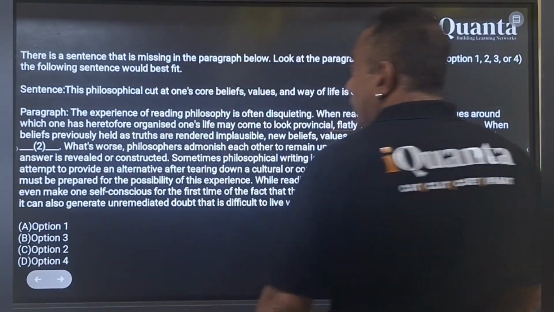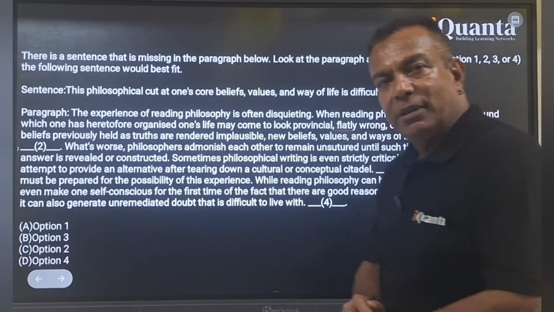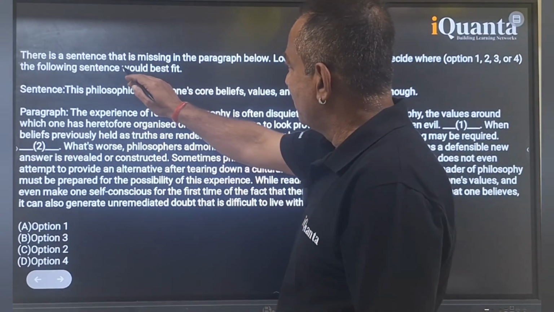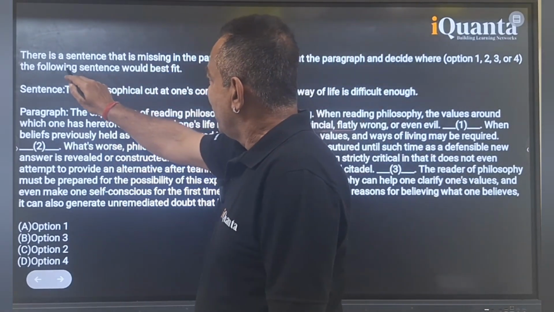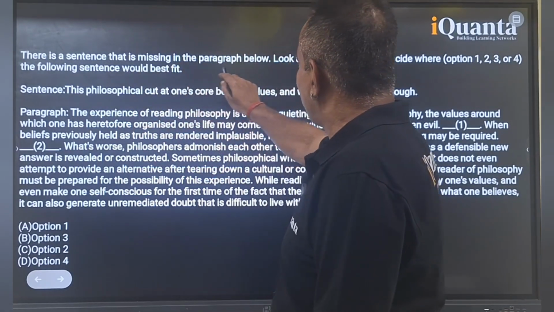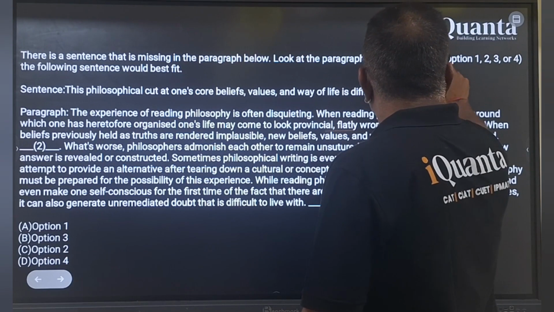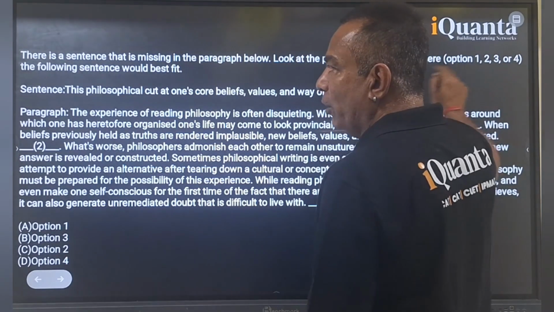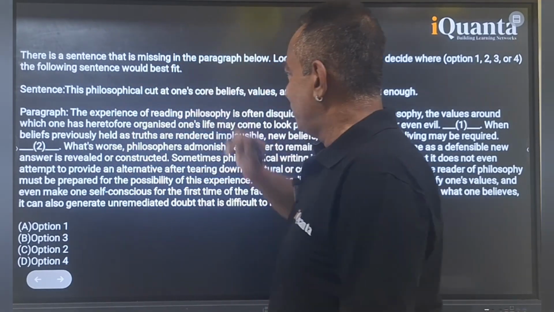Now in this section, we have a sentence that is missing in the paragraph. Let me read the instruction. There is a sentence that is missing in the paragraph below. Look at the paragraph and decide where, option 1, 2, 3, or 4, the following sentence would best fit.